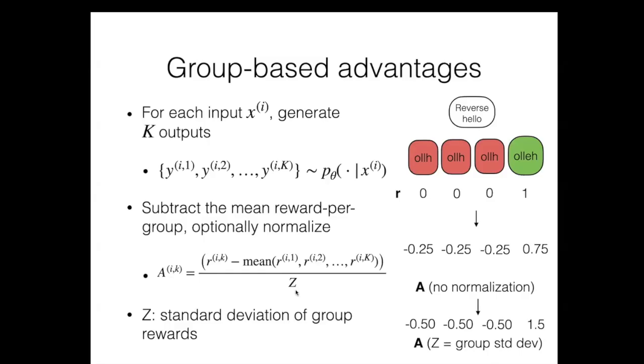Or another argument is that you can use the standard deviation from the entire batch. So not just from the group, but from the entire batch. The argument is that if you have a really large batch, then this is in some sense the population standard deviation. Okay, so you'll see these different tweaks.